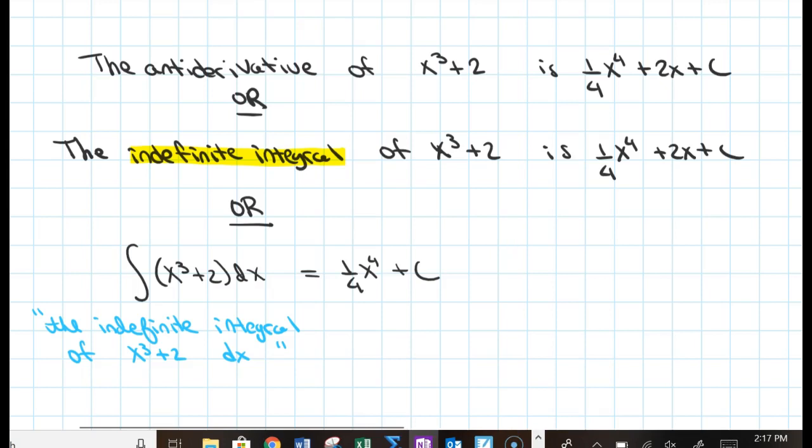Okay. So we have talked about this phrase right here. The antiderivative of x cubed plus 2 is 1/4 x to the fourth plus 2x plus c. And this word, antiderivative, means the function whose derivative is x cubed plus 2.